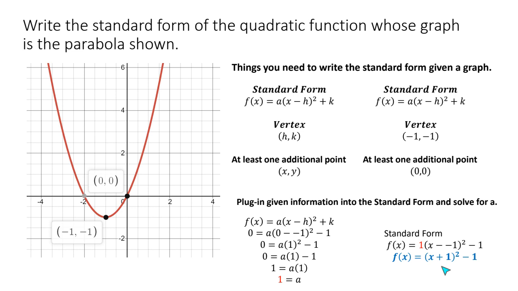Okay, so you might have been thinking to yourself, well, I could have gotten the equation just by doing what we did in 1.6. Remember in 1.6, we had the parent function, which is right here. And if we wanted to find this equation, we said that we're going to move to the left, so that's your plus 1 right here.